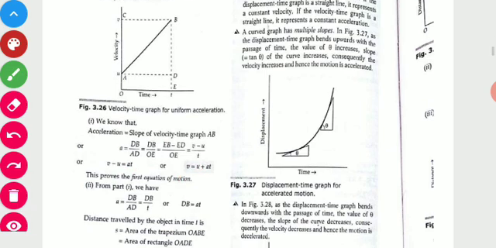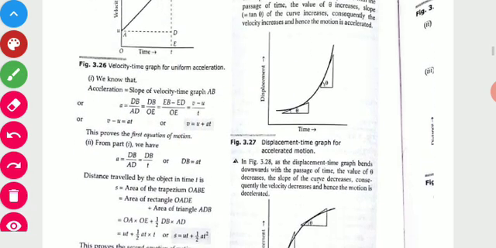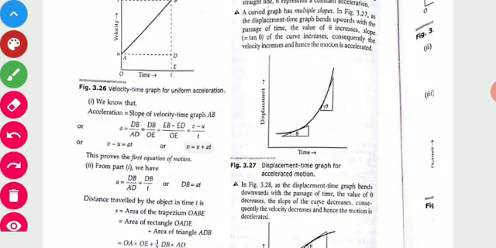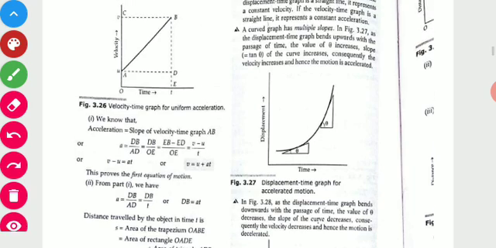In this way, we can also derive the second equation of motion. We calculate the area of this shape, which is actually the trapezium, as we discussed earlier. But we will divide it into two parts: one is a triangle, the second is a rectangle.